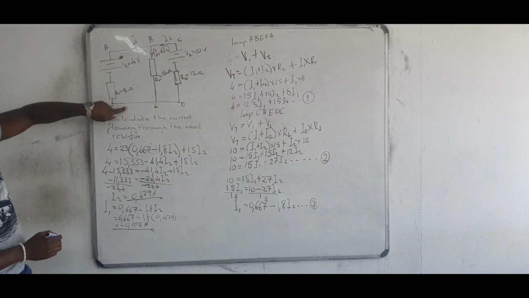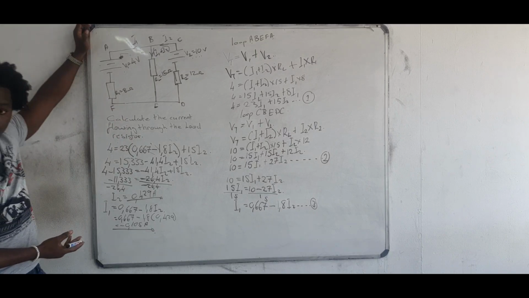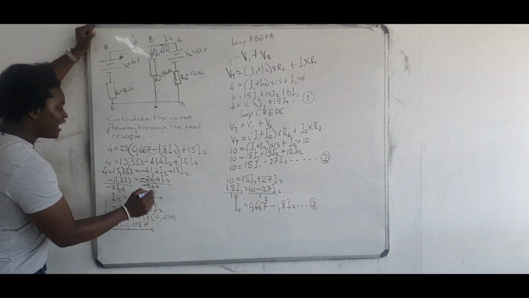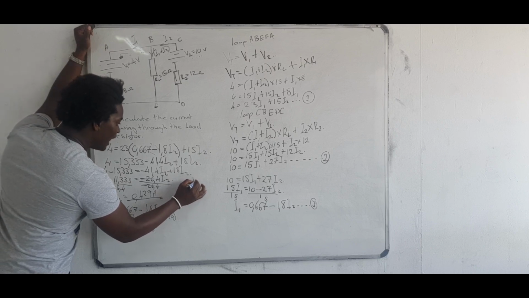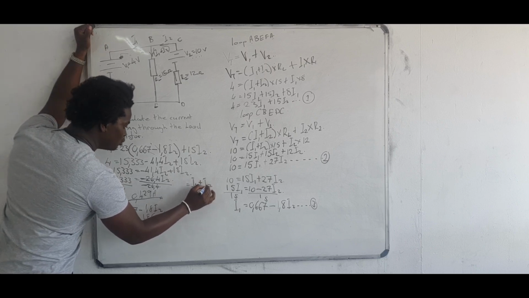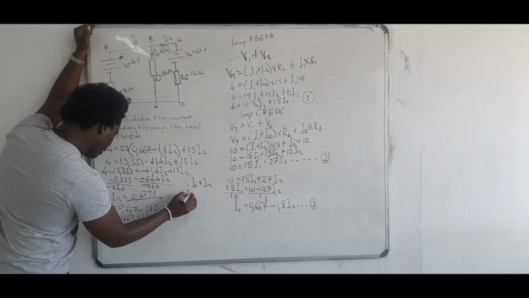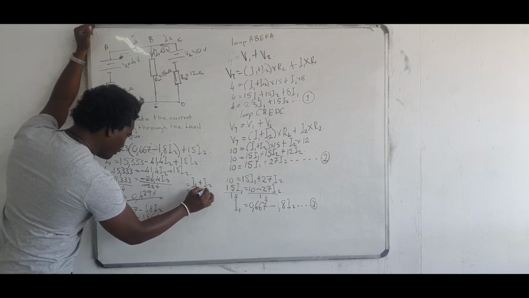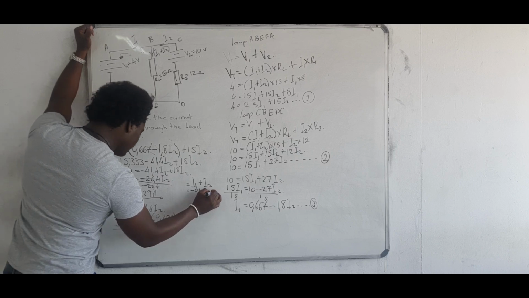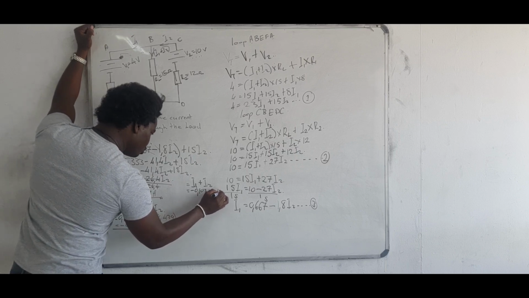But then the question asked us to calculate the current flowing through the load resistor, right? And the current flowing through the load resistor is equal to I1 plus I2, which is, for our I1, negative 0.105 plus positive 0.429.